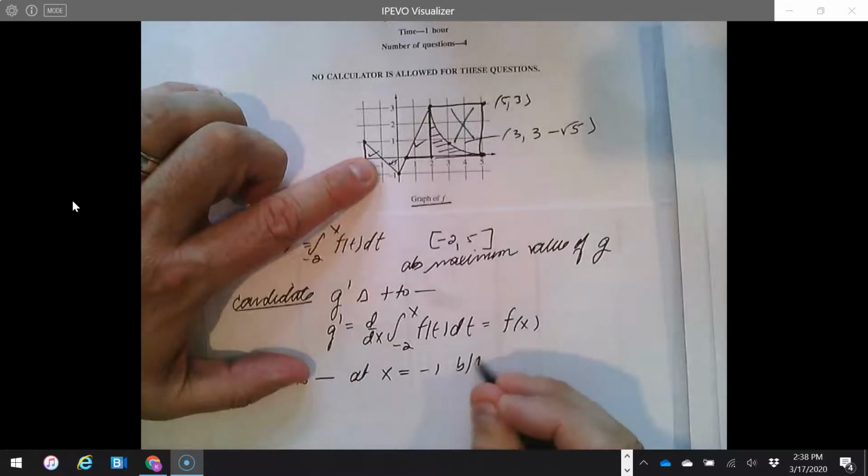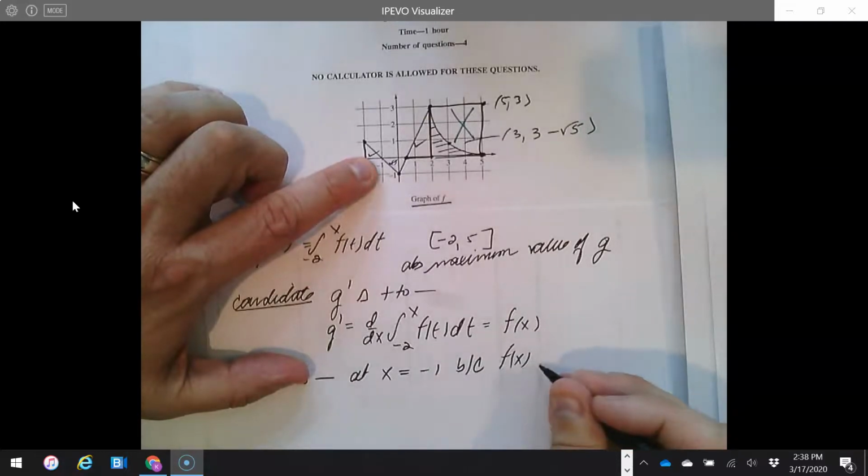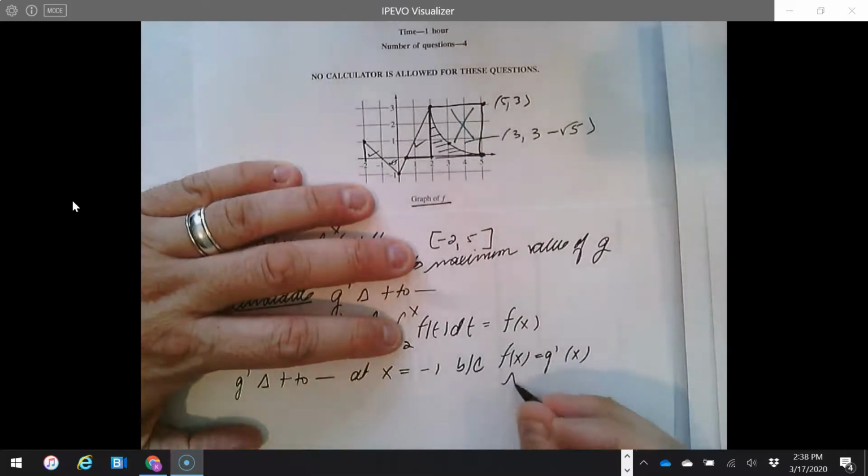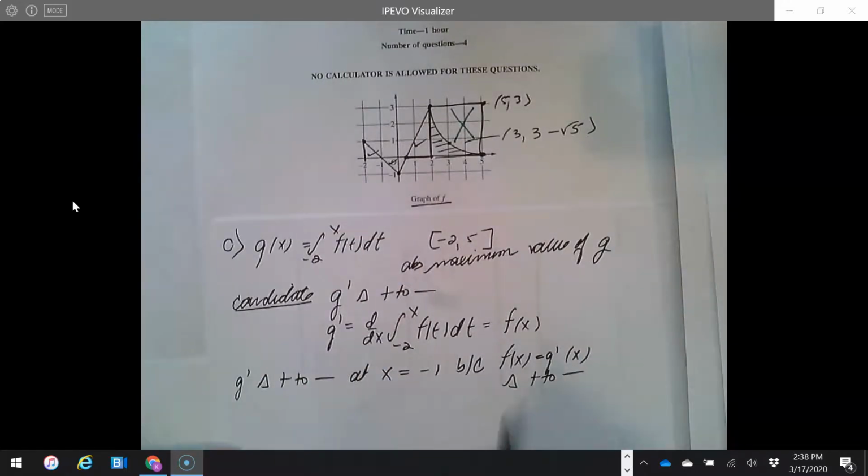And I know that because f of x is equal to g prime, which changes positive to negative. That's my candidate. That doesn't mean that that is the location of the absolute max. It just tells me that's where I might have this happen.